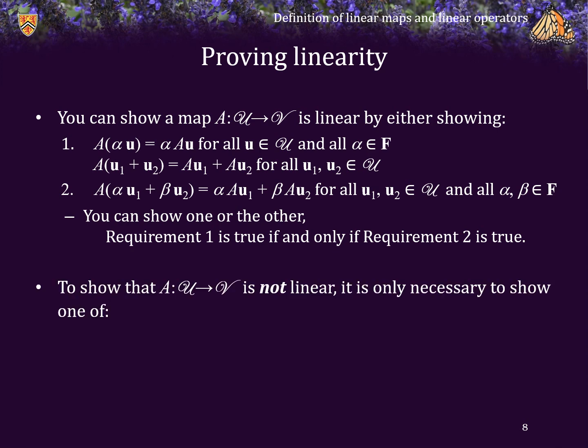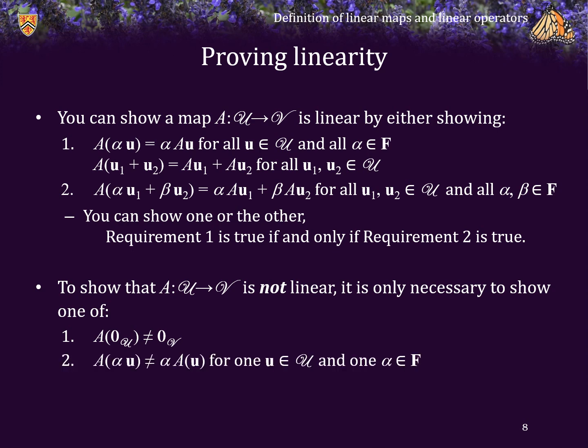Now, to show that a mapping A that takes a vector space U onto another vector space V is not a linear map, it is actually only necessary to show any one of the following. Either A applied to the 0 vector of U is not equal to the 0 vector of V. Or A applied to alpha times u is not equal to alpha times A applied to u for one u within the vector space U and for one alpha in the field.